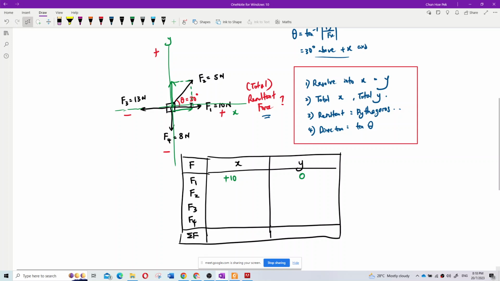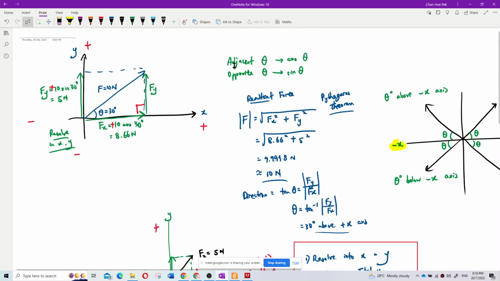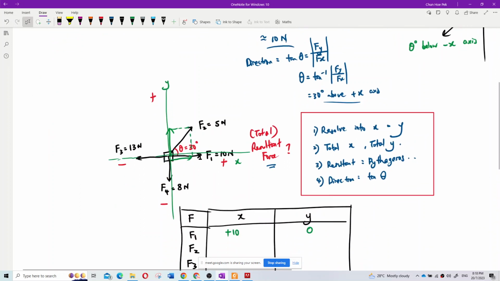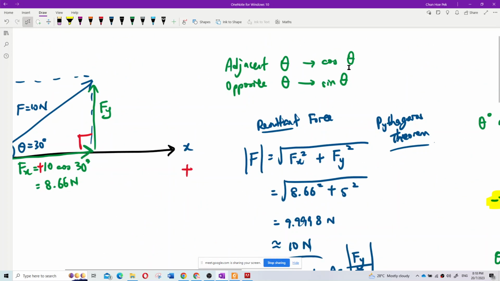So okay, how to resolve this F2? Remember, we have angle theta with the x-axis. So remember this one? Adjacent to the angle, we use cosine theta. Opposite the angle is sine theta.